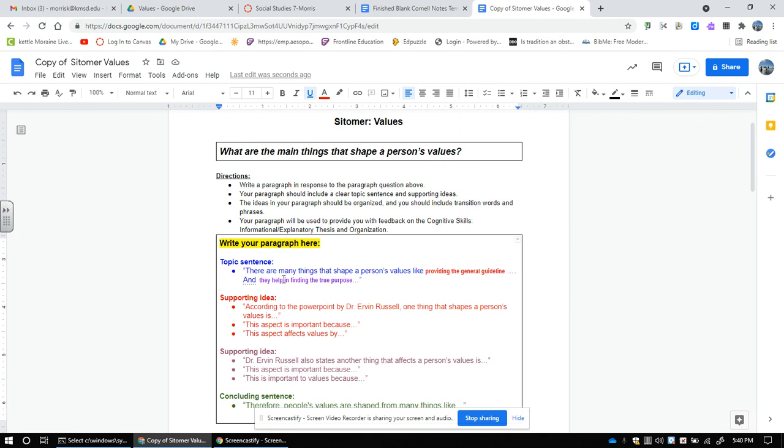There are many things that shape a person's values, like providing general guidelines. I don't need the. And then here, and they help in finding the true purpose. How about a true purpose? Okay. Now I have my two subclaims.